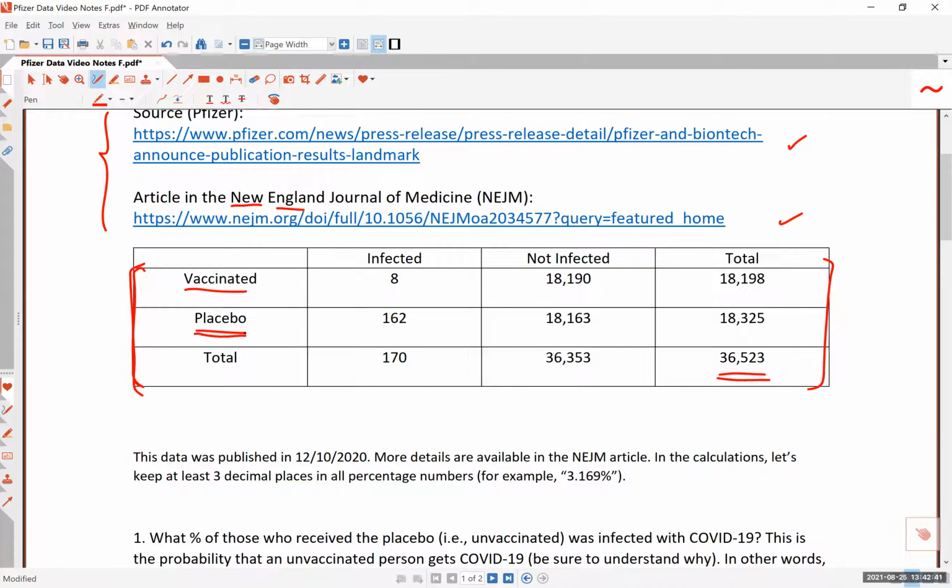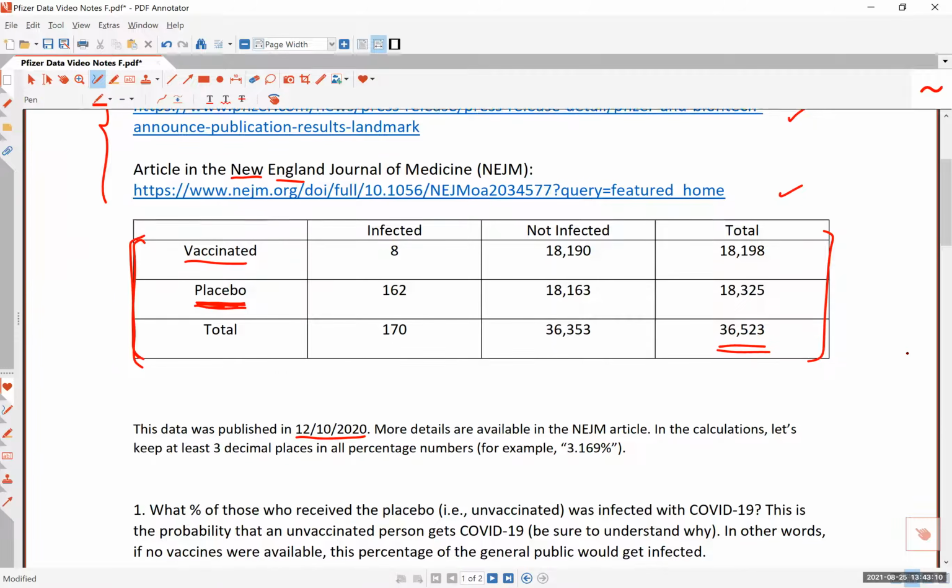By the way, the placebo is a fake pill or fake treatment, which does not have any of the active ingredient of the vaccine. This is done to make sure that these people are not experiencing a placebo effect. Anyway, these are the numbers, and as I said, they came from Pfizer's press release as of December 10th, 2020.